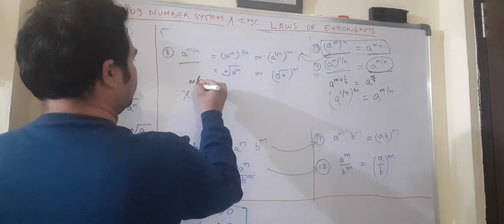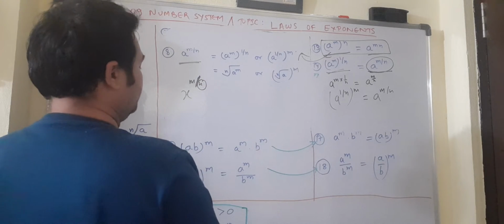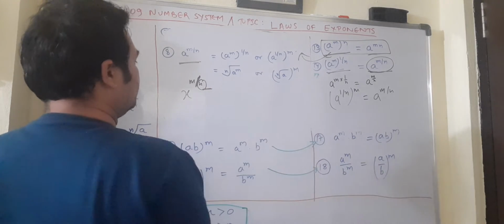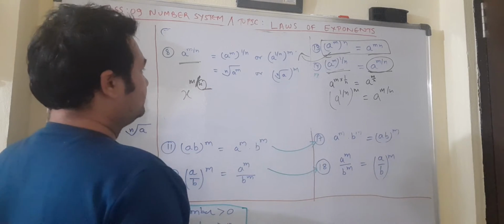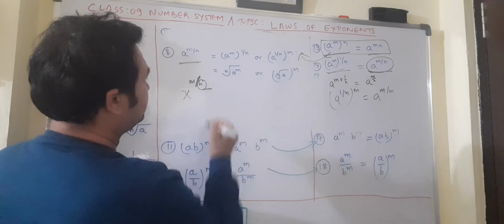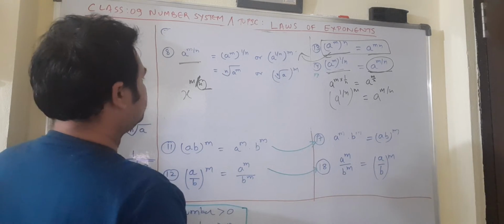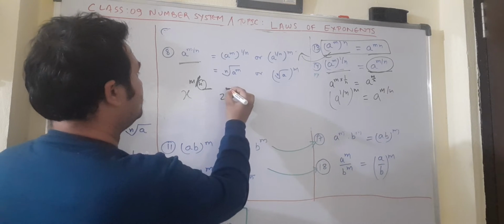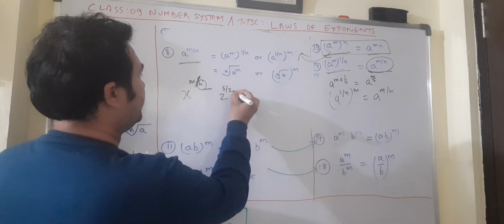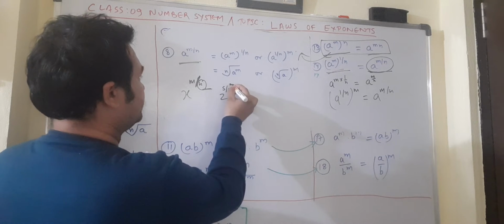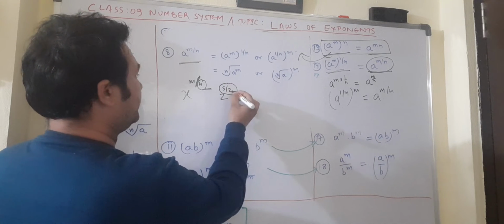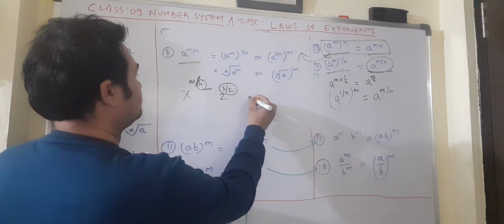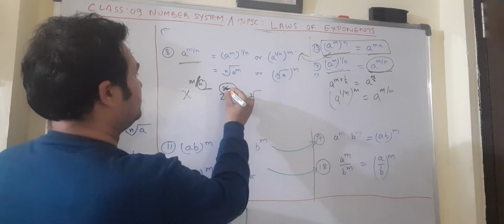This denominator of this fraction represents the nth root. So if it is 2 to the power 5 by 2, since this is a fraction and the denominator is 2, it will be the square root of 2 to the power 5.